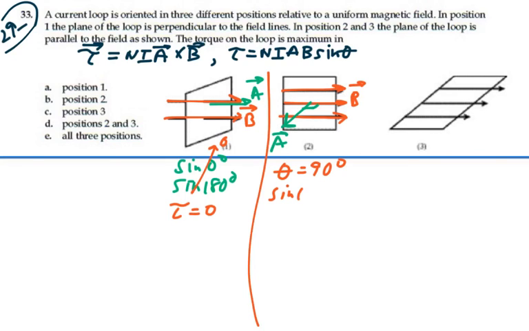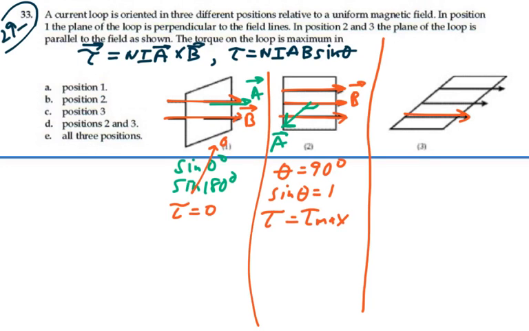Sine of theta will be 1 because we have sine of 90 degrees, and our torque would be our maximum torque, the maximum torque possible because the sine of theta is the maximum value possible. So that one works.